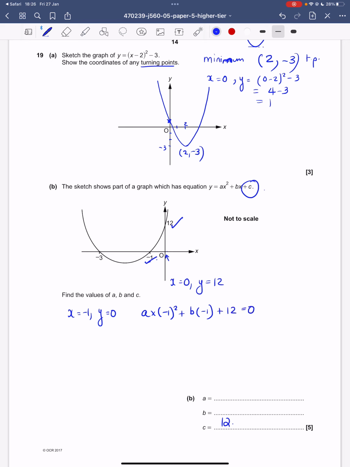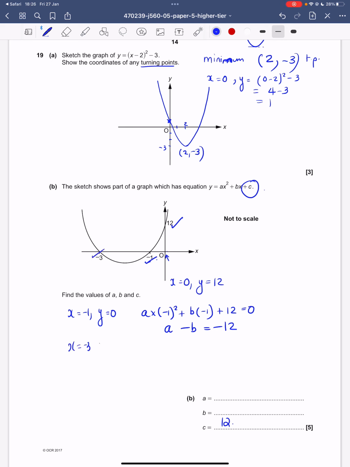So that's substituting in and noting that y is 0 at that point. So minus 1 squared is plus 1. So a minus b, and then subtract the 12 from each side, it's minus 12.